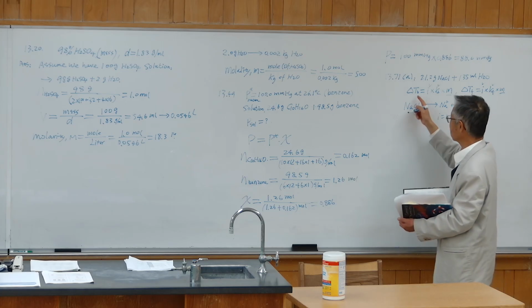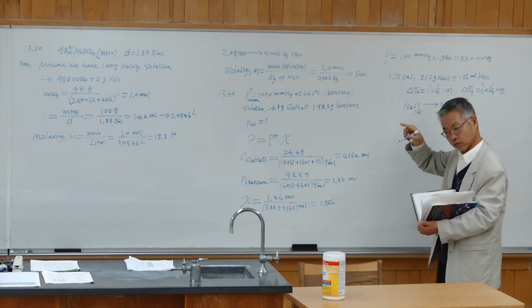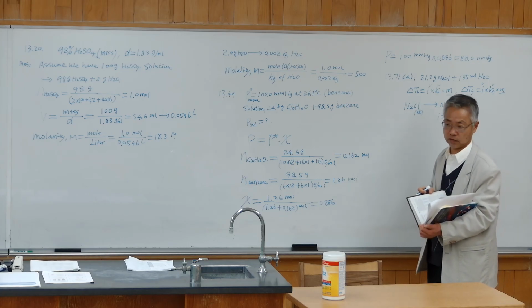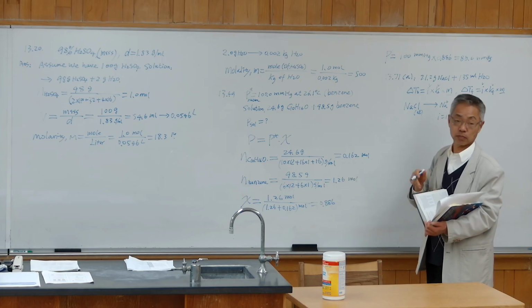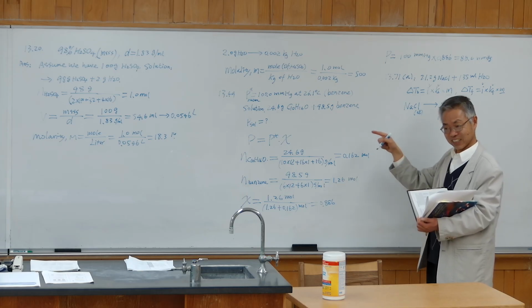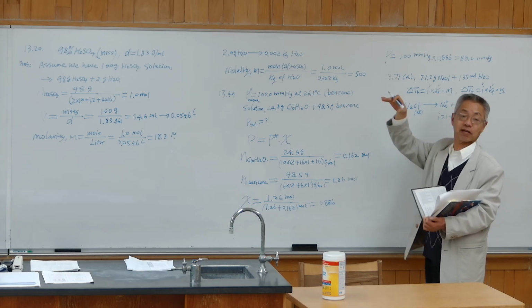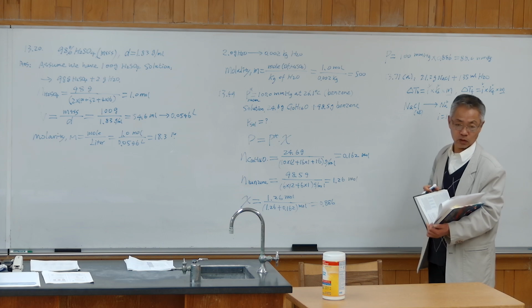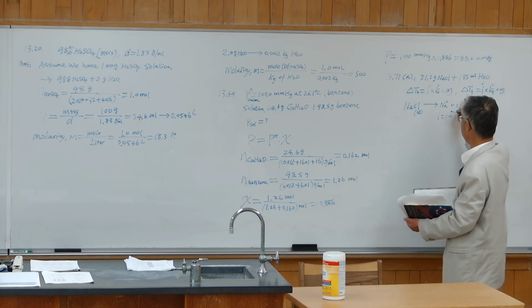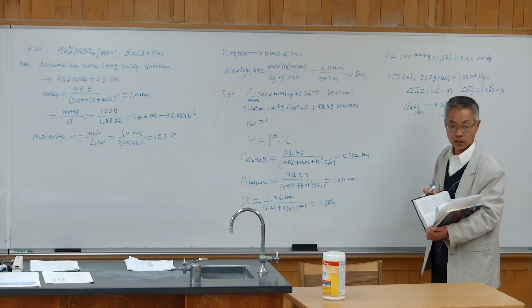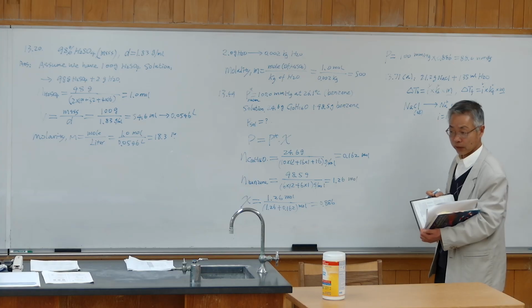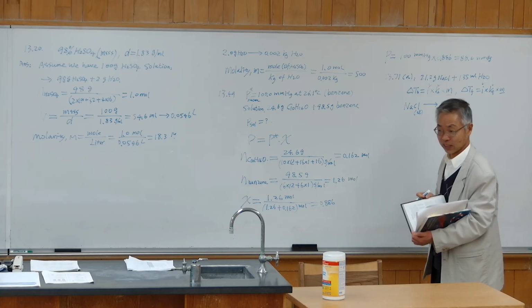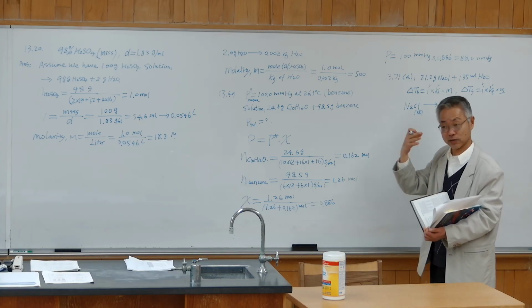Then from delta TB and delta TF, we can convert back to TB and TF. Delta TB is TB minus TB0, since TB is higher than pure water's TB. Delta TF is TF0 minus TF, because the solution's TF is lower.